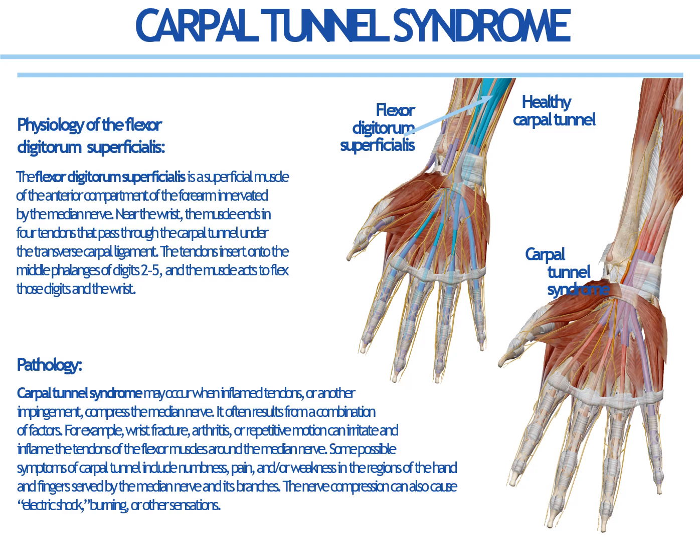Some possible symptoms of carpal tunnel include numbness, pain, and/or weakness in the regions of the hand and fingers served by the median nerve and its branches. The nerve compression can also cause electric shock, burning, or other sensations.